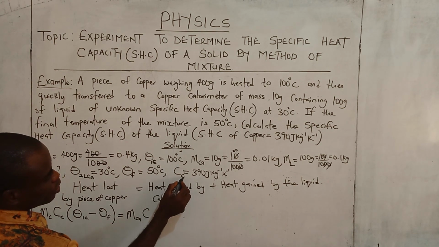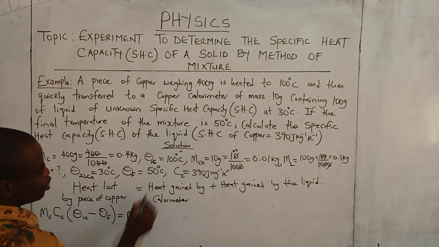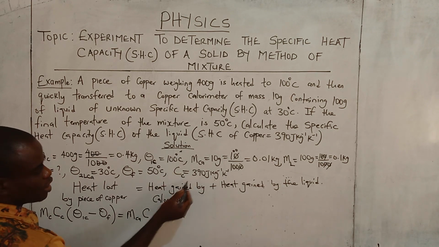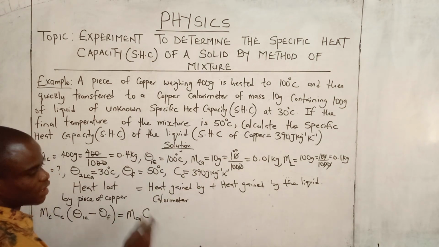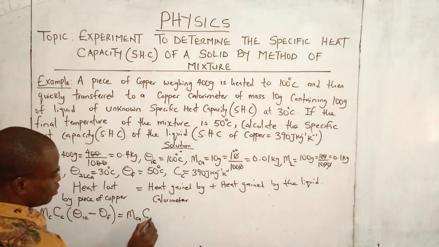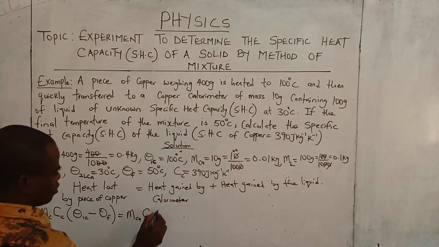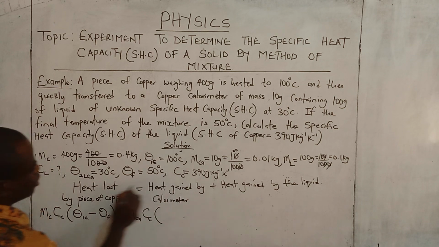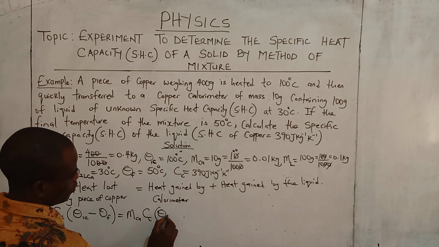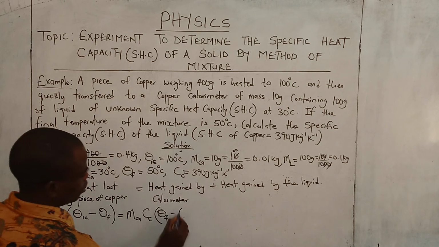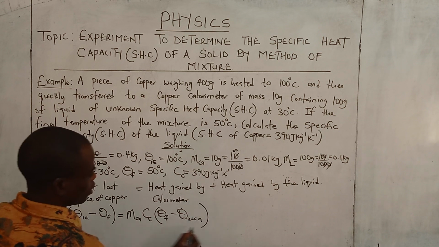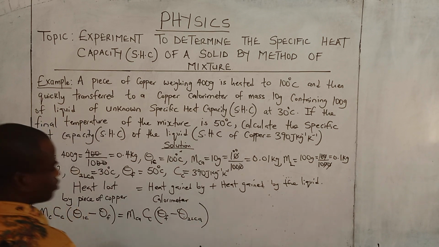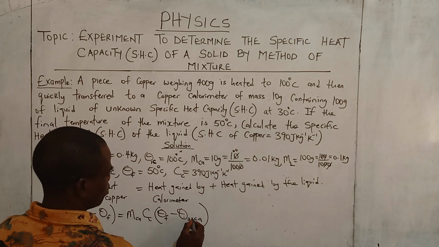We use this one because copper is also used to make the calorimeter. Sometimes they will give you one specific heat capacity for copper, use it for the calorimeter, except otherwise stated. Now the temperature difference will be theta F minus theta 2. The liquid in the calorimeter are together, that's why I put it here.